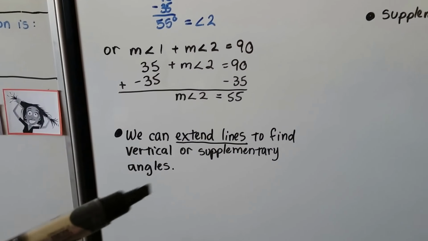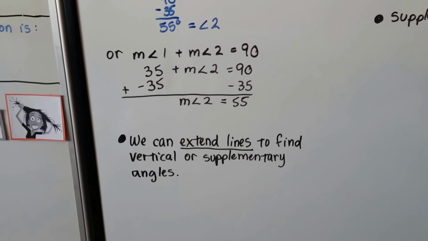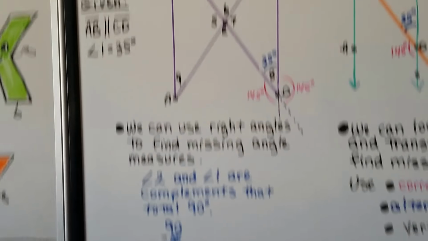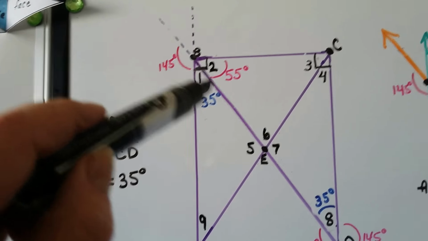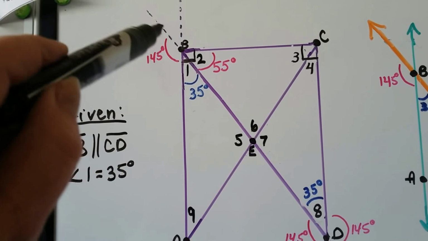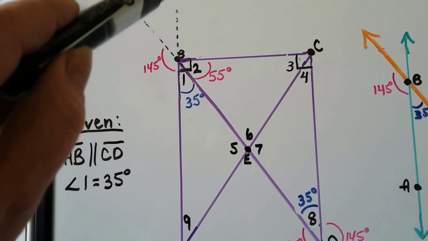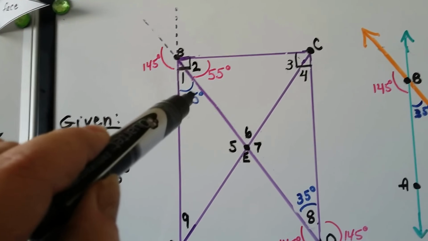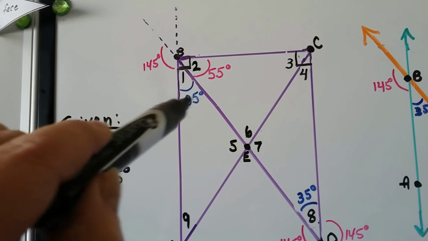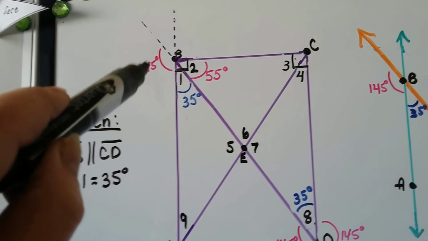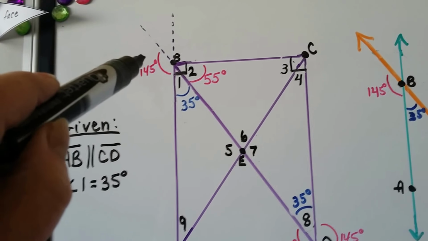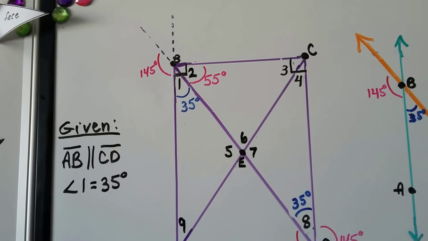We can also extend lines to find vertical or supplementary angles. So what I did was, if you look here, I extended this line going out farther beyond the drawing, and then I extended this one going out. So if that's 35 degrees, I can make a supplementary angle here and know that this exterior angle here is 145 degrees. See?